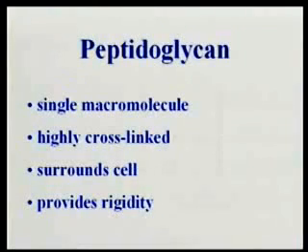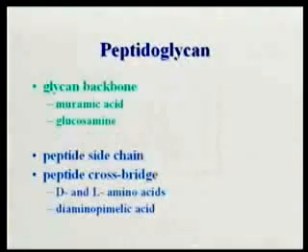It's there to provide rigidity and strength, to keep the loose, fluid, phospholipid-containing membrane underneath from falling apart under the osmotic pressure pushing outwards on it. That's the primary function of the cell wall. There are other functions, but that's its primary function.